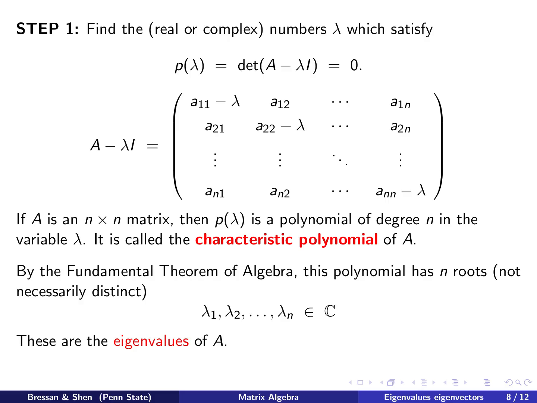How many such roots are there? We can go back and use the fundamental theorem of algebra, which says that this polynomial will have n roots. They might not be distinct, and we write them λ1, λ2, all the way to λn, and they are in C, so they could be complex numbers. These λs are called the eigenvalues of A.